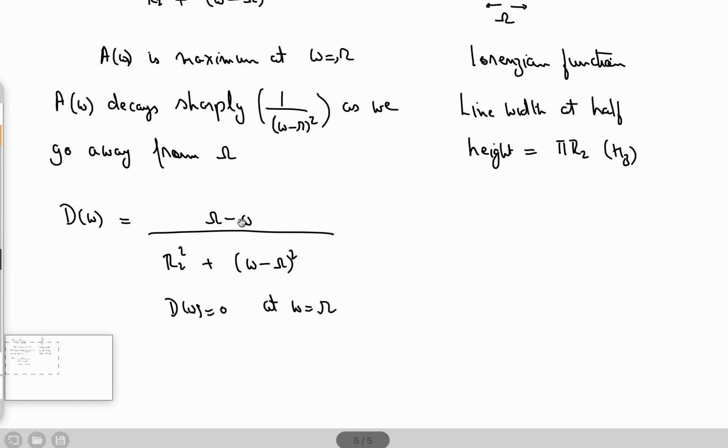The decay is proportional to 1 over omega and not 1 over omega squared as in the case of the absorptive signal, right?